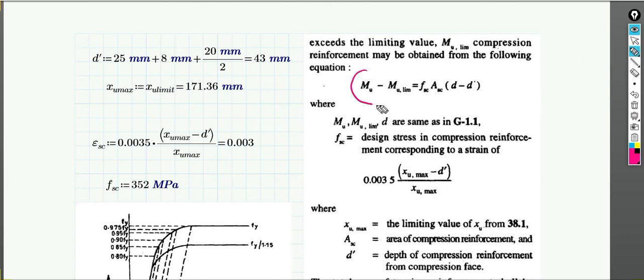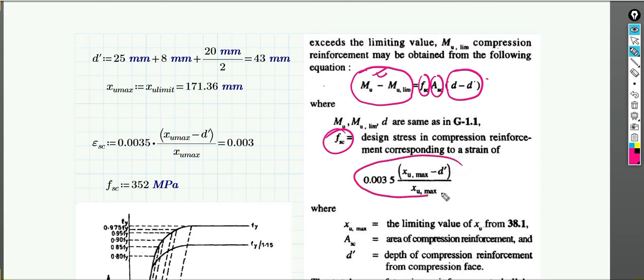You have to find out the difference between Mu minus Mu limit, that we have already done, and that should be equal to FSC ASC into d minus d dash. Then what is FSC? FSC is the design stress in compression reinforcement corresponding to this particular strain. How to find out this strain? I've just now discussed with you.